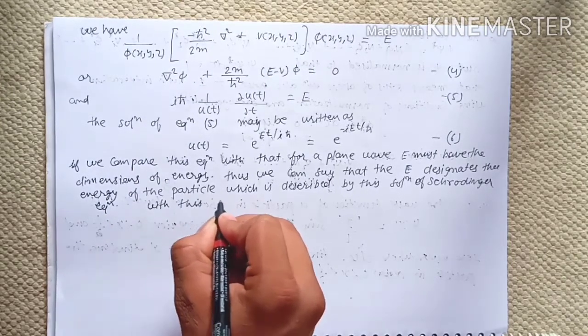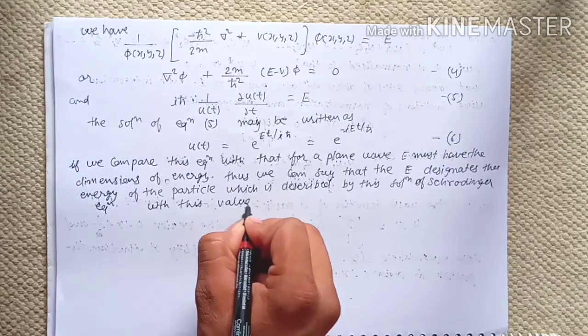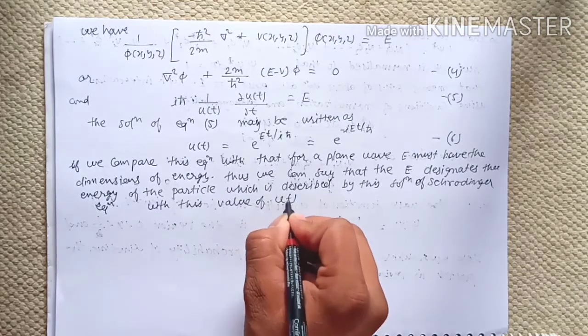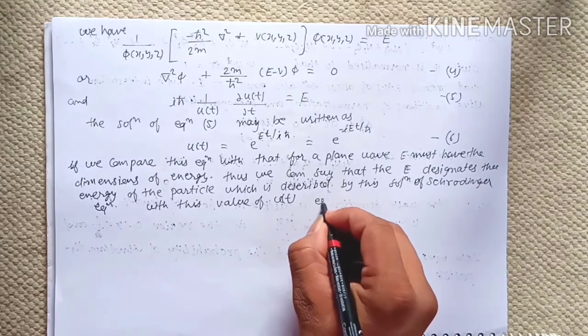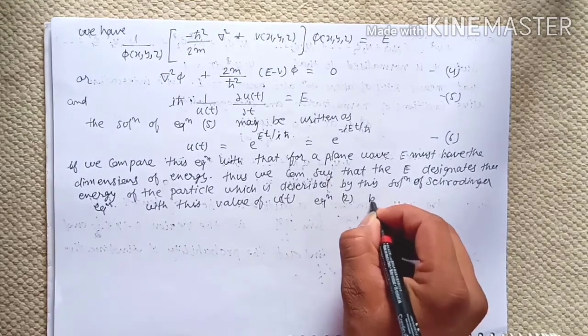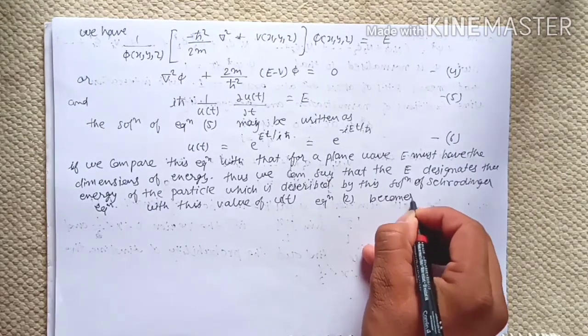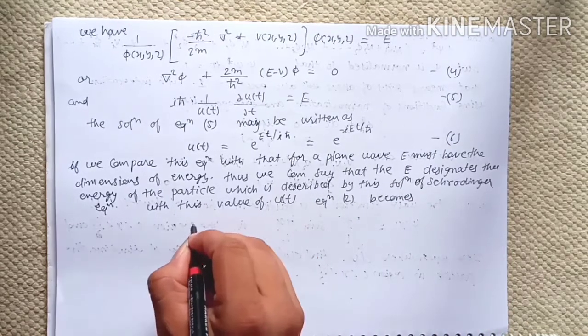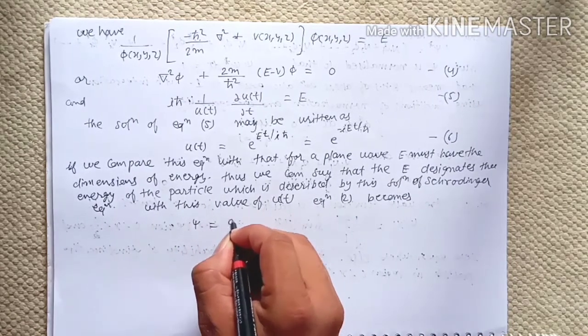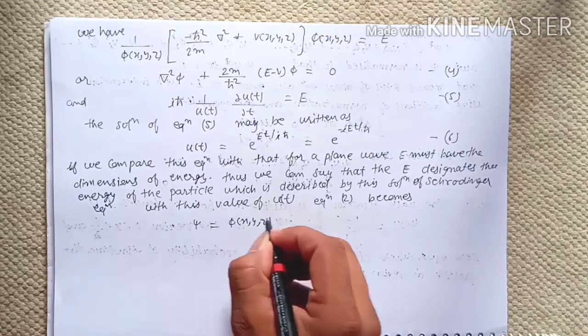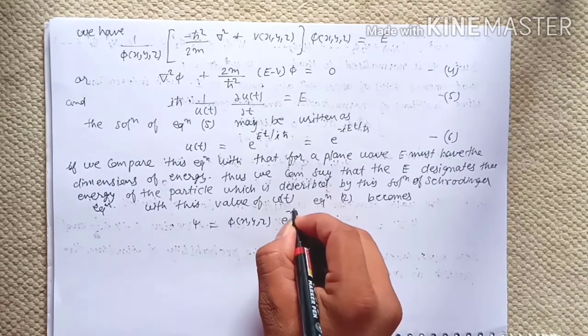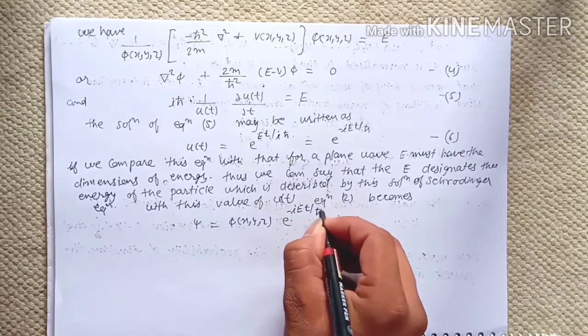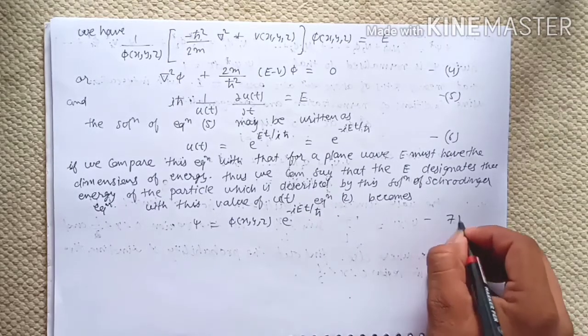With this value of u t, equation 2 becomes psi is equal to phi x y z e raised to power minus iota E t by h cut. Equation 7.